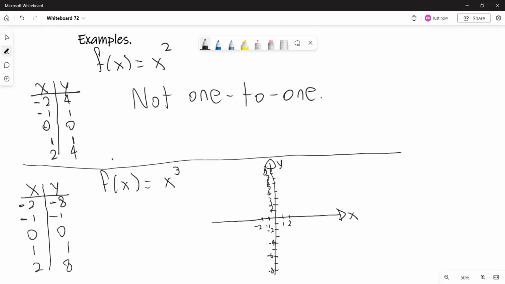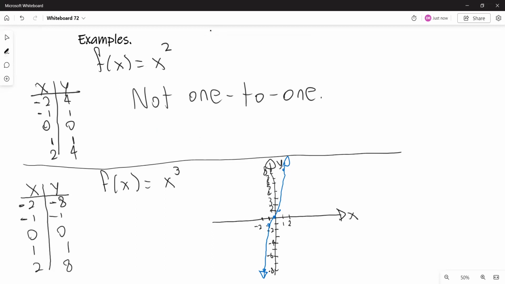Some points on the graph of the function are -2, -8, -1, -1, 0, 0, 1, 1, and 2, 8. So there's a way to tell from the graph whether a function is a one-to-one function, and that is called the horizontal line test.